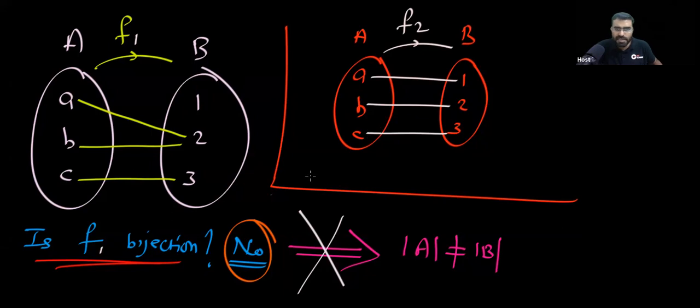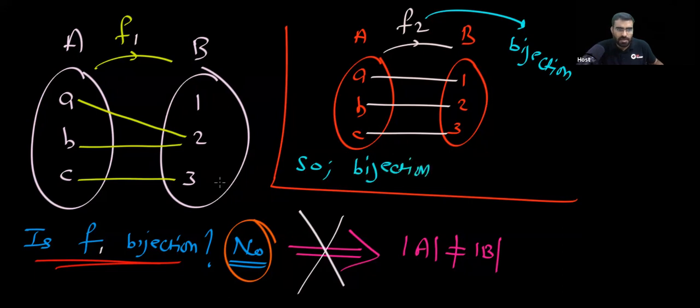This F2, this is a bijection. So bijection exists. Focus on this word, exists. Because a bijection exists, their cardinality will be the same. You can notice their cardinality is the same.